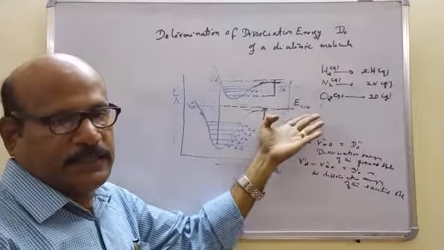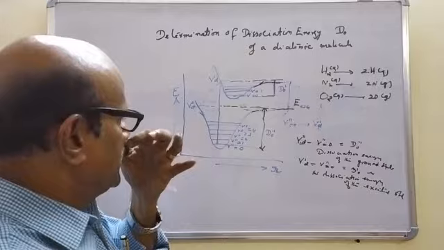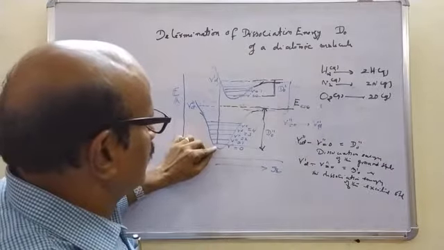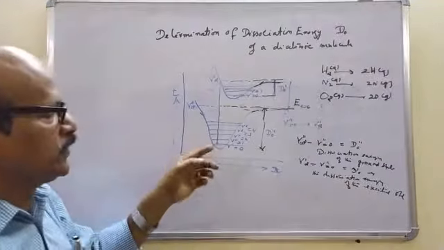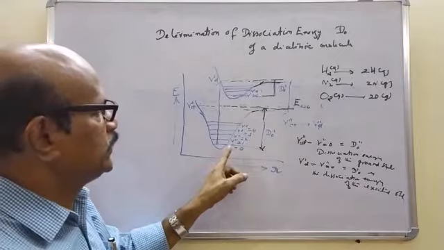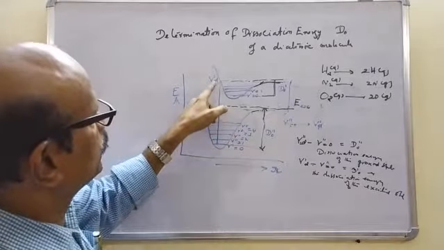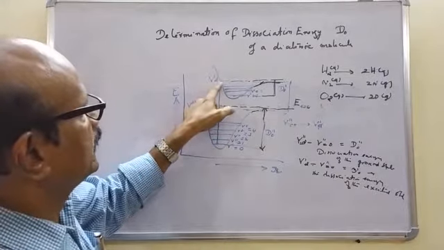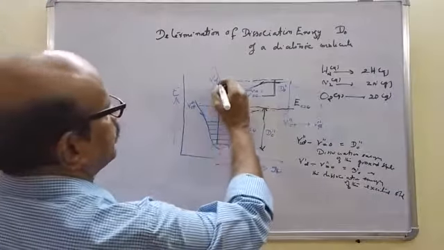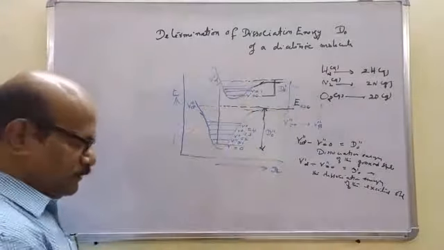So suppose you consider the electron transition of the molecule from nu double dash 0 to nu dash d. Consider this excitation, this electron transition.